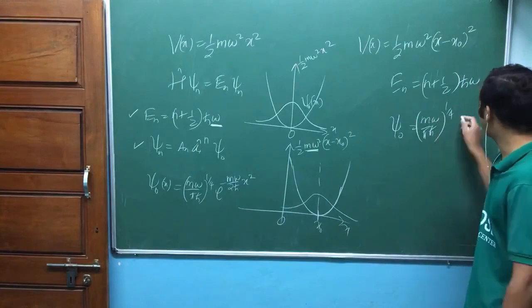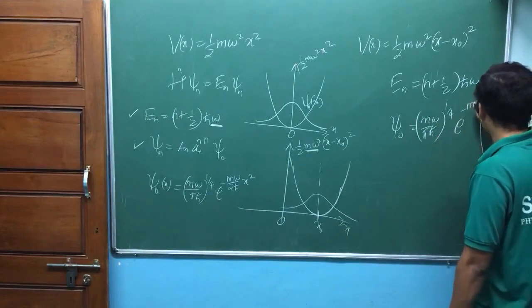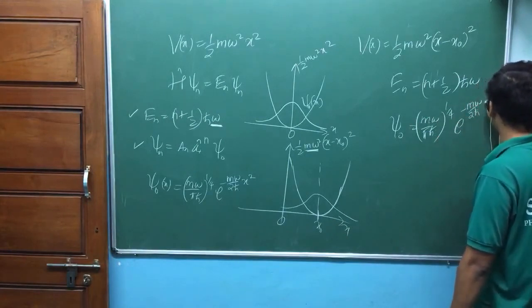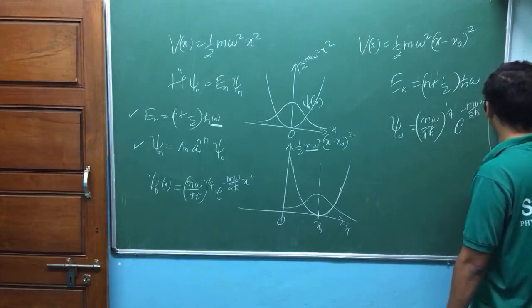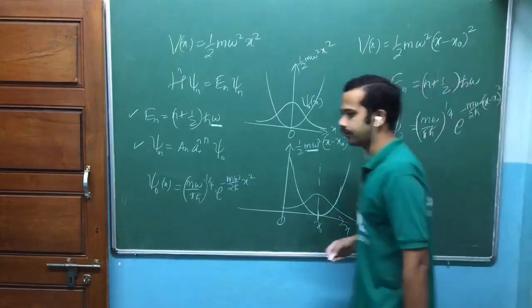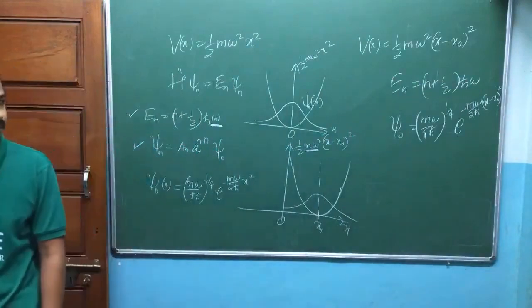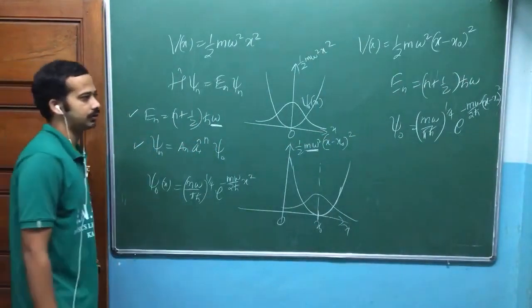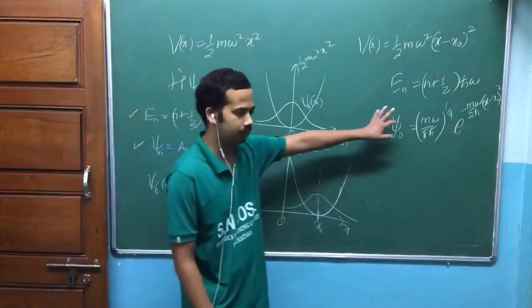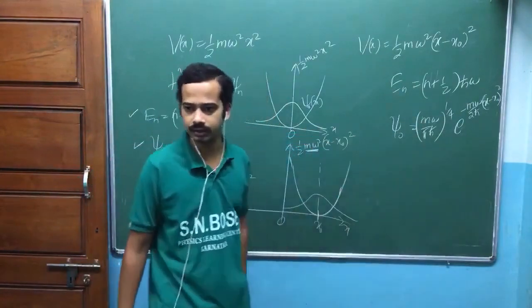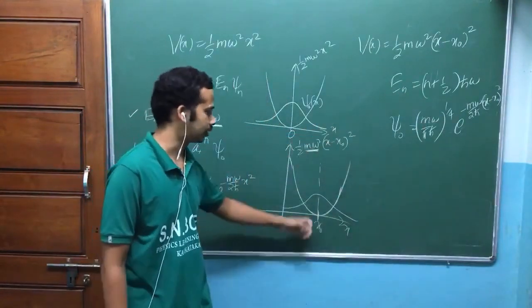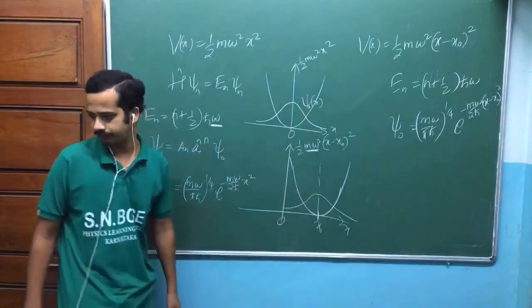And that is into e power minus m omega by 2 h bar x minus x naught the whole square, but this will become neither even nor odd. Neither even nor odd. I have written the ground state only. I am not discussing higher states, but the ground state looks like this. It's a Gaussian, a shifted Gaussian.